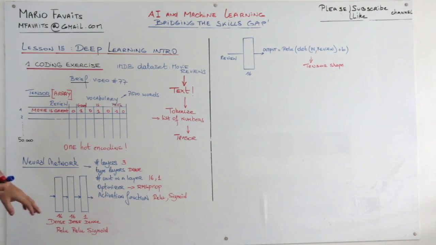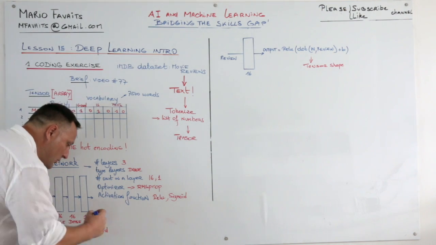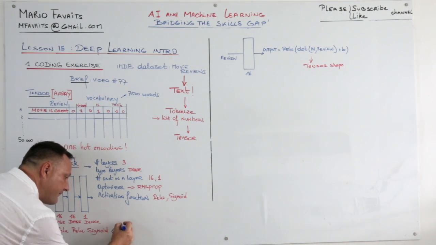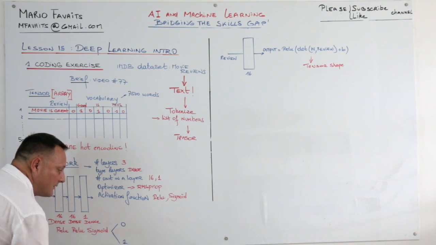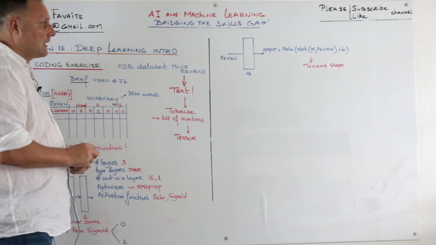As activation functions we will use relu, relu, sigmoid. And remember the sigmoid allows you to give a probability between 0 and 1. This will be good review, bad review. Optimizer we will use RMSprop. So no big surprise here. Adam would have been another option.